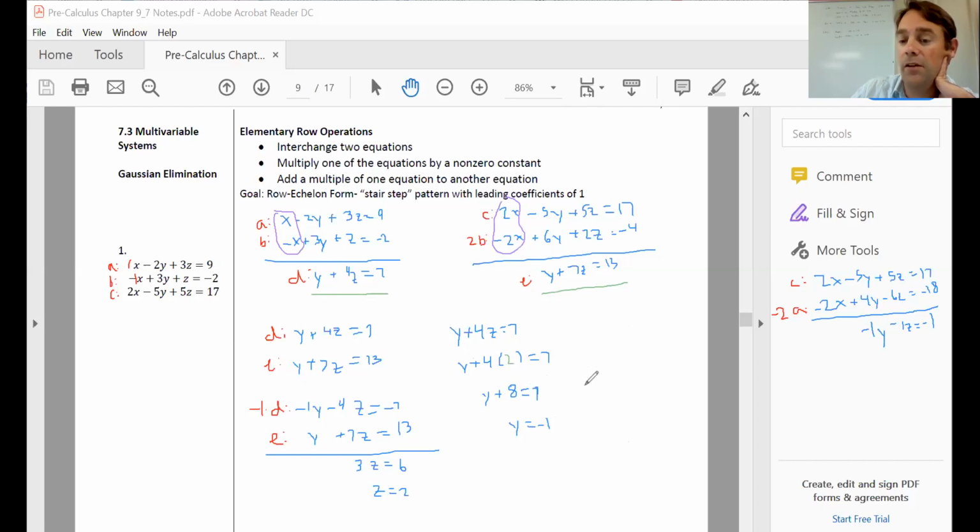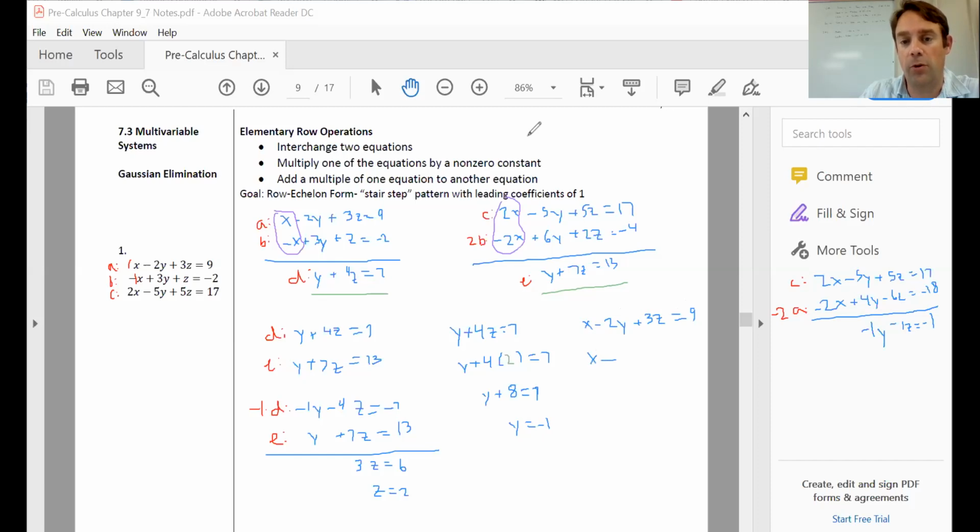Now so we have that -1. Now we're going to go back into one of our original equations and figure out what x is. So I'm going to go back to the A equation. x minus 2y plus 3z equals 9. So I'll go back to that original equation there.